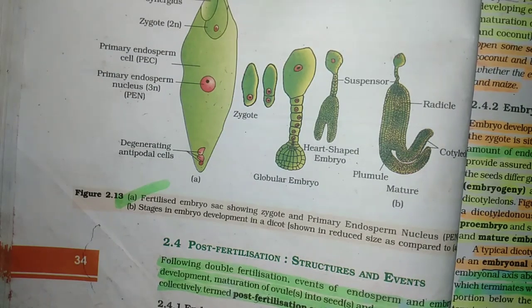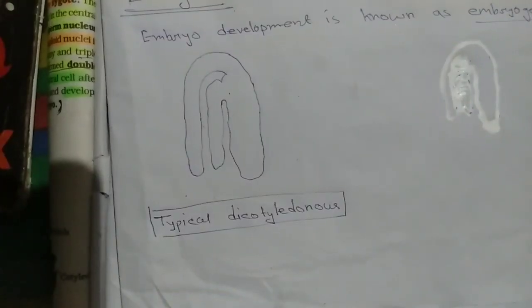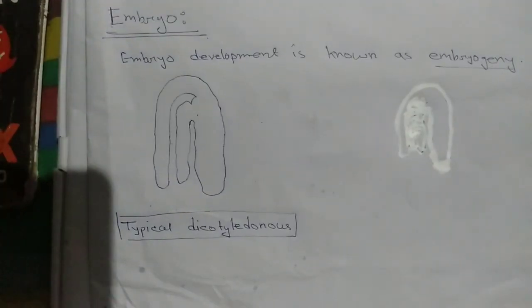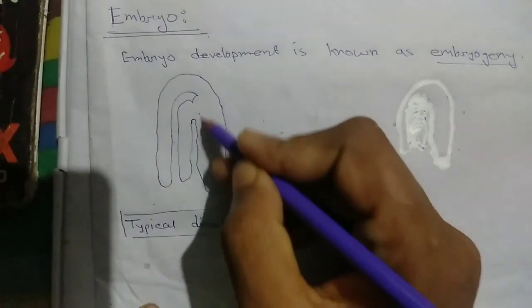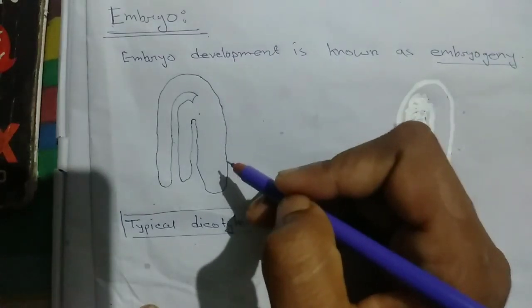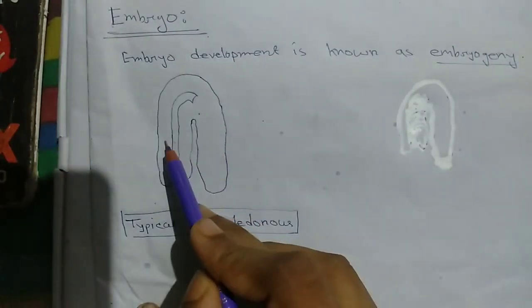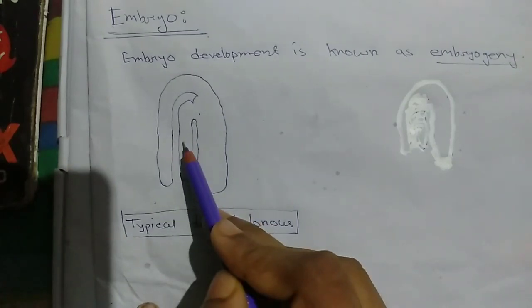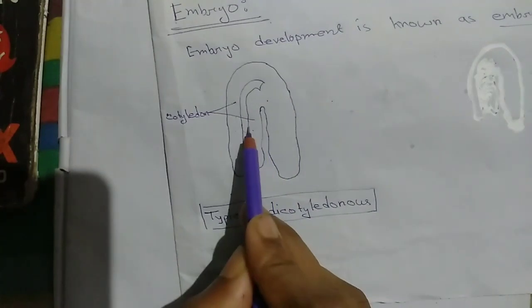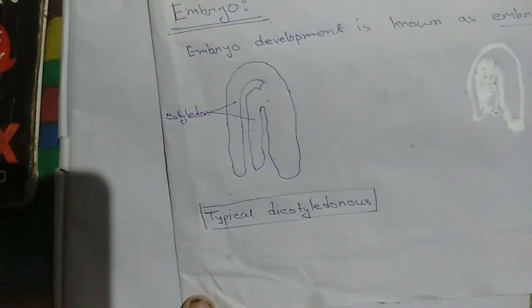Now I will show you the structure of a dicotyledon embryo. This is a typical dicotyledon. In this typical dicotyledon, the embryonal axis is present, and two cotyledons, 1 and 2, are present.